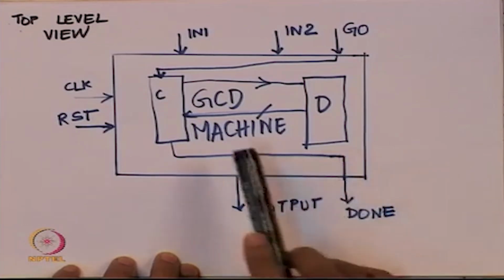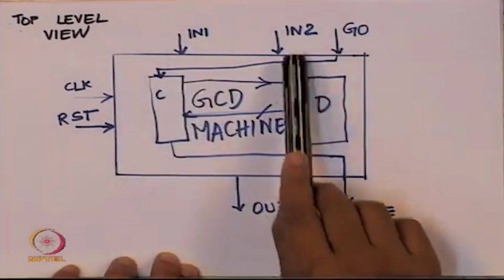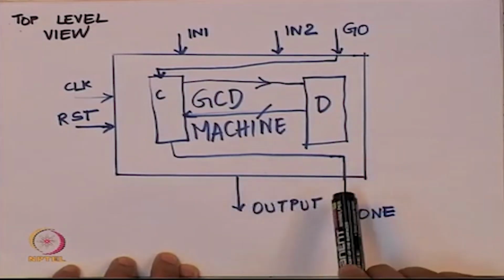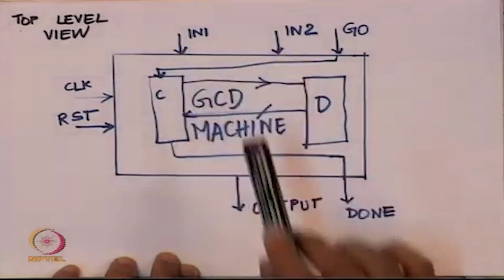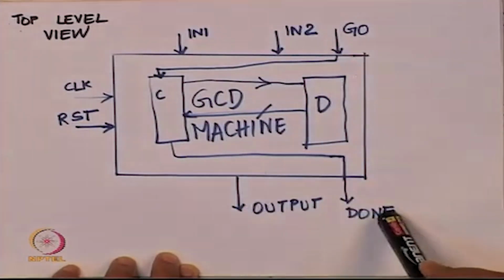We need to decide that. So one of the things that we will assume is input 1, input 2 and output, we will assume that they are all 8-bit values. So these three we will assume are 8-bit, go is a 1-bit value and done is a 1-bit value.